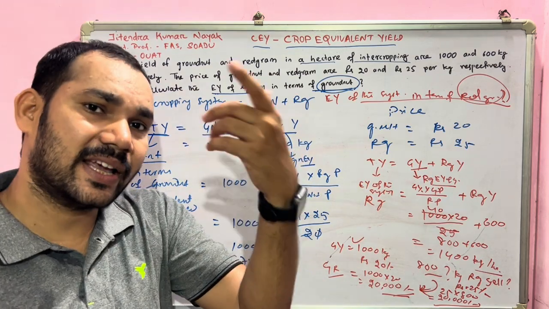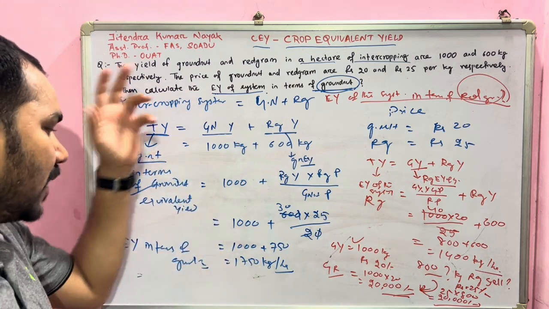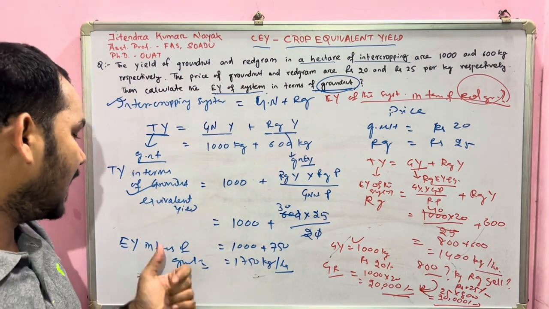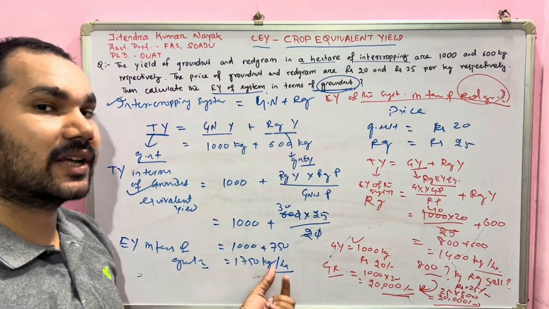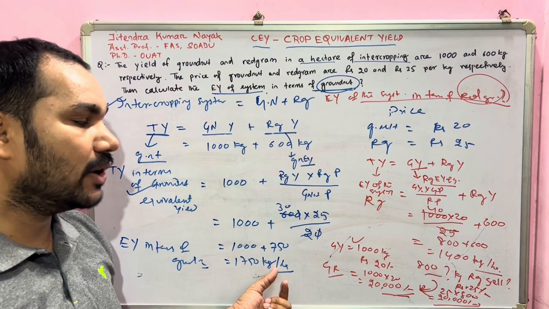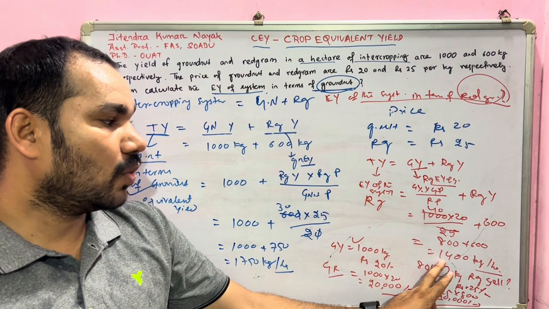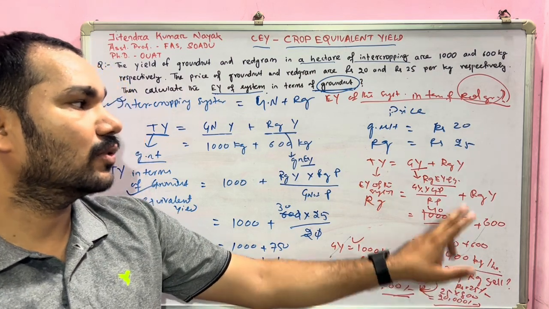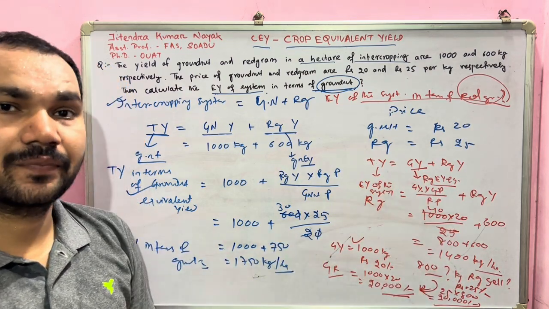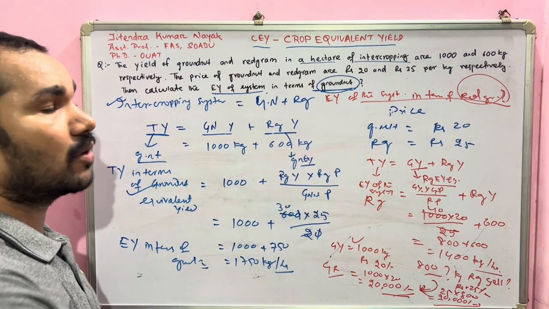Or you can also say that from this 1 hectare of intercropping I am getting 1750 kg of groundnut. Or you can say I am getting 1400 kg of red gram. So this is the concept behind crop equivalent yield.